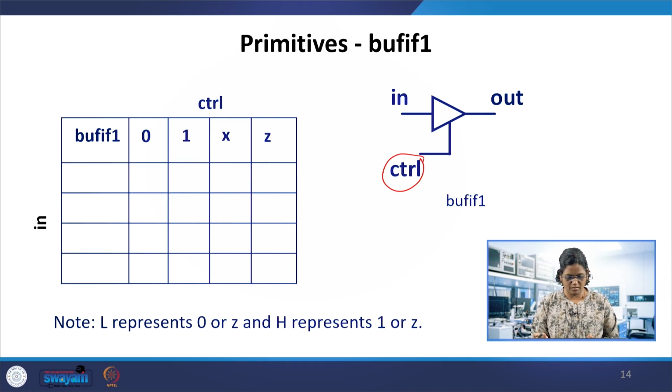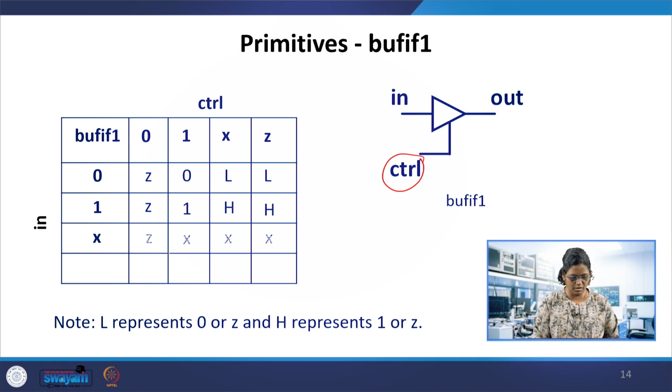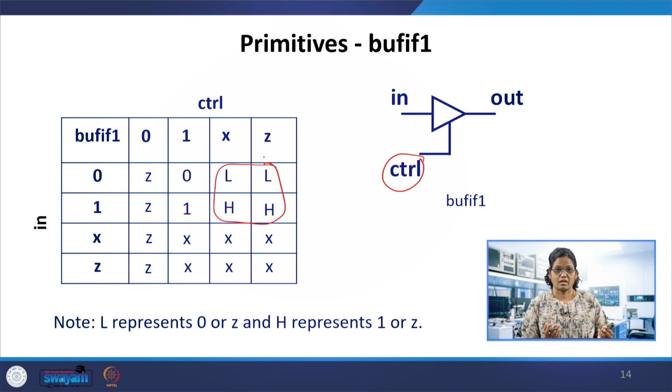So taking this in 0, 1, x, if the control is 0, it will be the high impedance state, and if the control input is x, that is don't care, 0 or 1, the input takes L. One case goes for the H. You can notice the high impedance state here at control 0, all of them will be high impedance state, and only the remaining can take the two states, either 0 or Z, or H or Z.